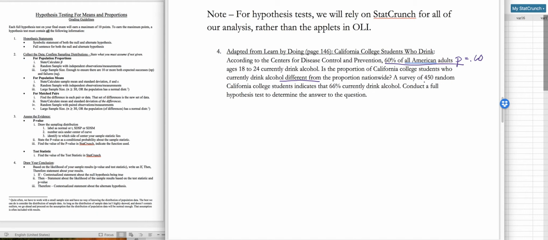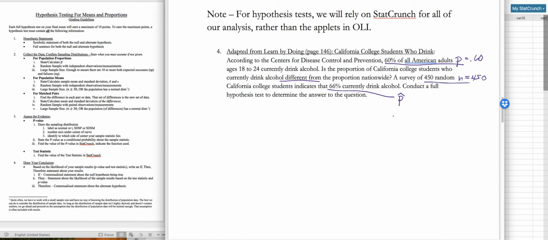A survey of 450, so that's our sample size, random California college students, indicates that 66% currently drink alcohol. So since that is about what's going on in our survey, that is our p hat value. So step 1 is to set up our null and alternate hypotheses.